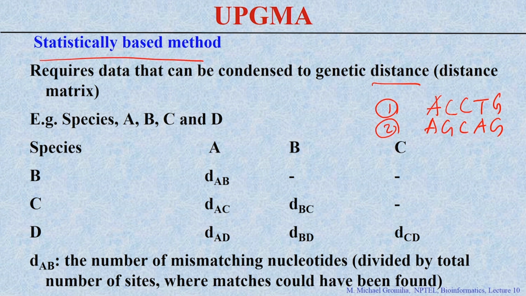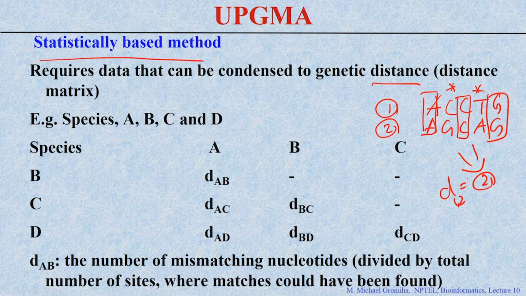How many nucleotides are different? This is same, this is different, this is same, this is different, this is same. So here the distance is 2, the distance between A and B is 1 comma 2, that is equal to 2.